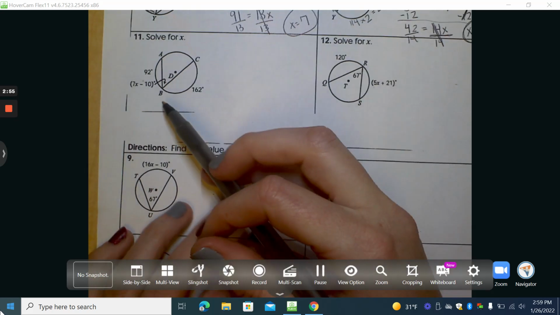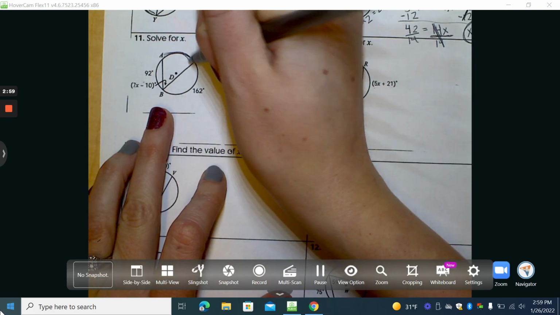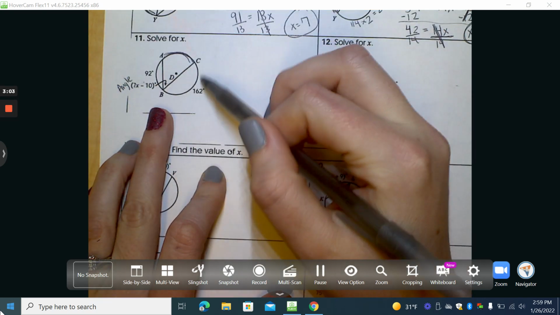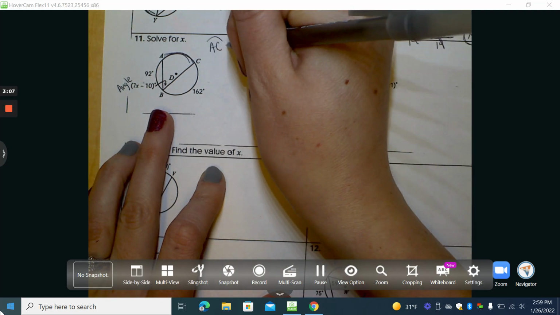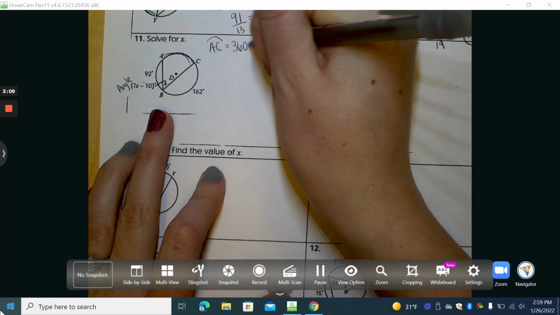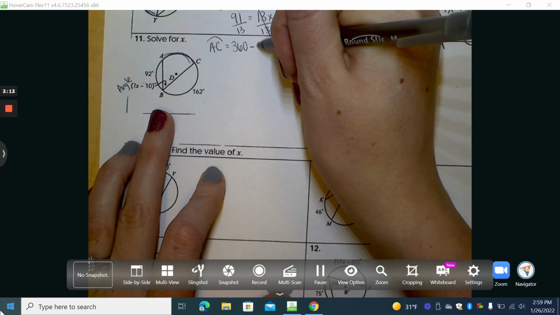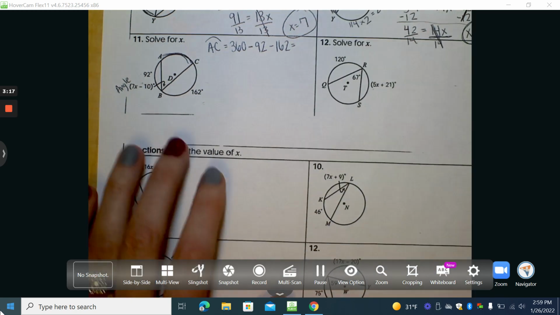All right, 11, let's look at this. We need to know this arc. We're given an angle, but we need to know my arc AC. So same idea, AC, let's subtract from 360. 360 minus these other two arcs, minus 92 and minus 162.